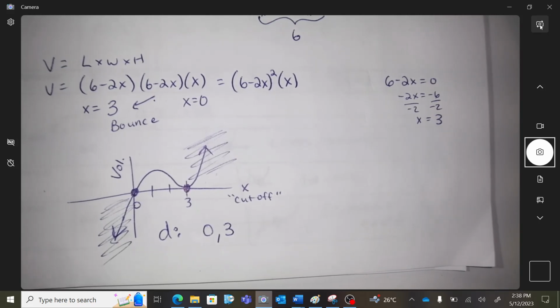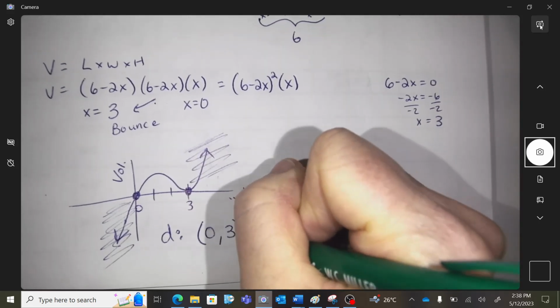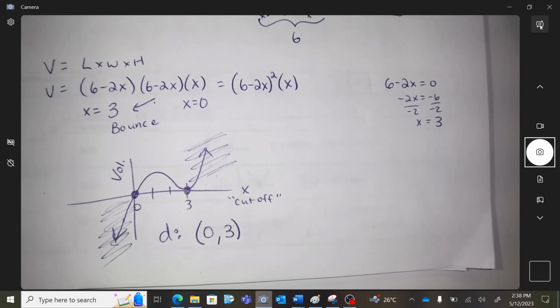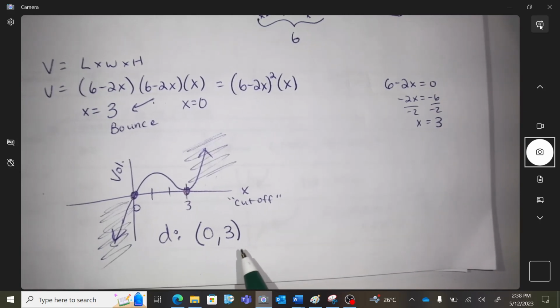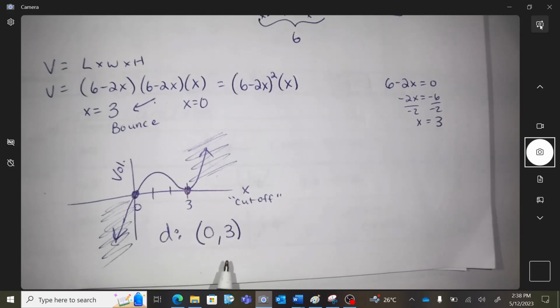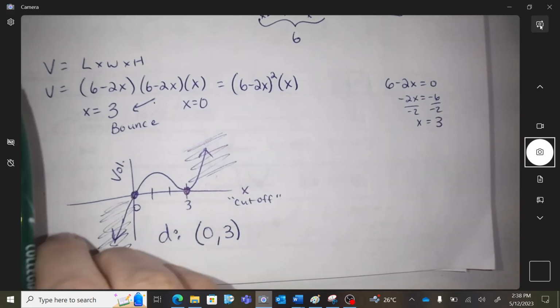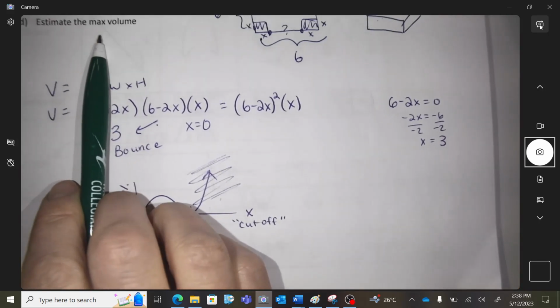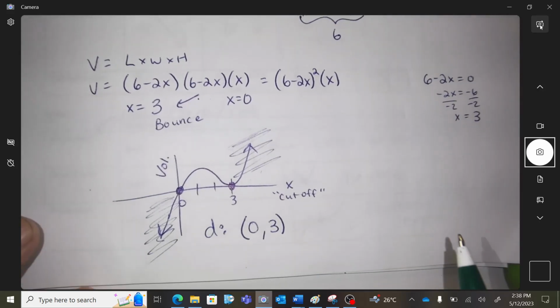It can't be exactly 0 and it can't be exactly 3. You can't cut off exactly 0 because then you have no volume. You don't have a box. And you can't be exactly 3 because then your side's all gone.